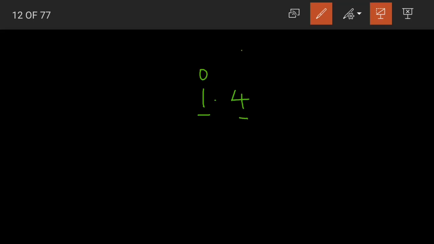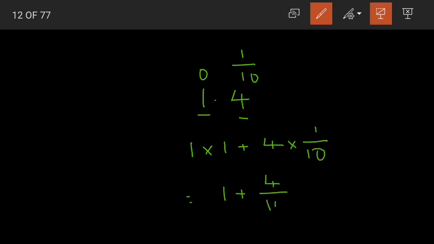Now what about the decimal part? 4 is in the 1/10 place. Now if we are writing the expanded form, how will we write? 1 into 1 plus 4 into 1 by 10. Yes, it is nothing but 1 plus 4 by 10.